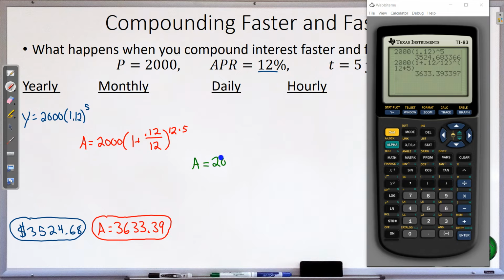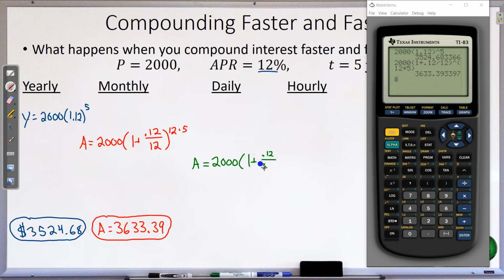So again, it's 2,000. That's not changing. 1 plus 0.12 divided by, so if we're doing this daily, it's no longer going to be 12.